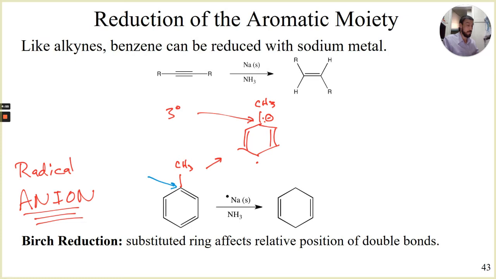So if I had something like that methyl group, I don't want the anion forming there, which means the double bond should stay there. If I drew out my structure, CH3, I want the double bond here. Remember, we wanted the double bonds to not be conjugated. The other double bond will get placed on the other side. Okay, so cool.